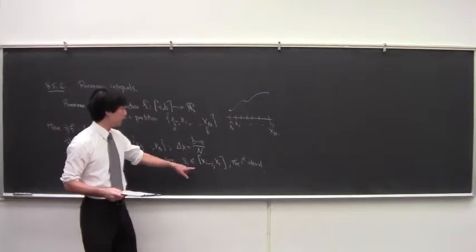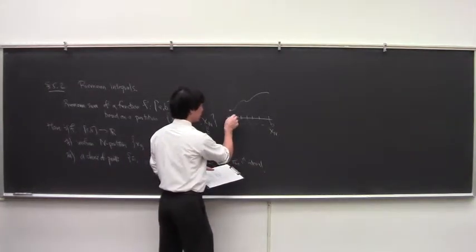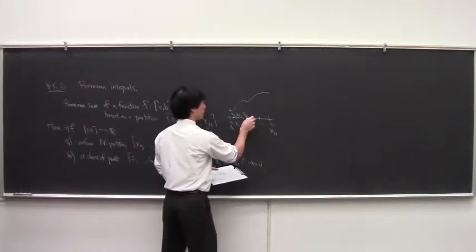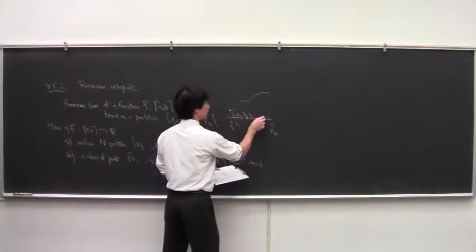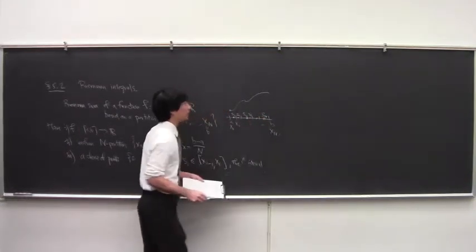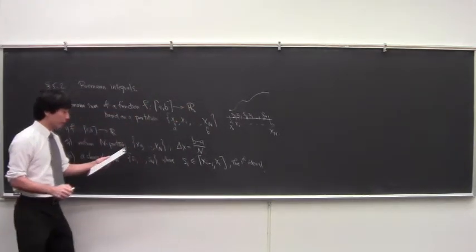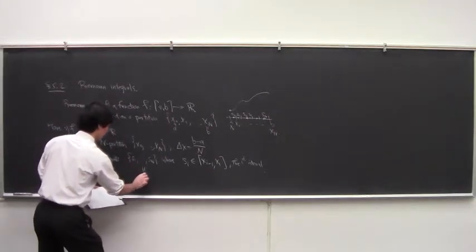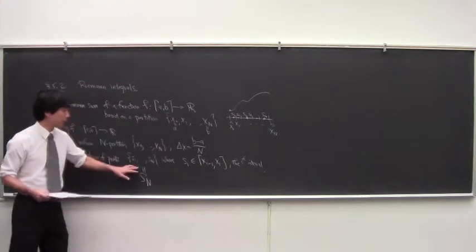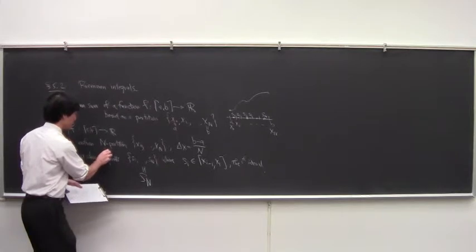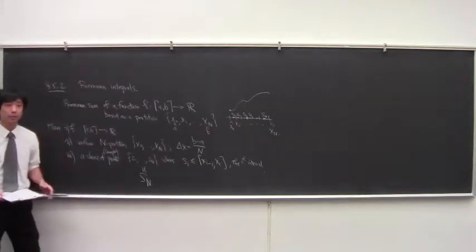And then in each interval, you take a sample. You choose a point: s1, s2, s3, s4, s5, s6, and so on. Let me notate this. The choice of points I'm going to denote by capital S sub n. That's your choice of what we call sample points. It's just these points.